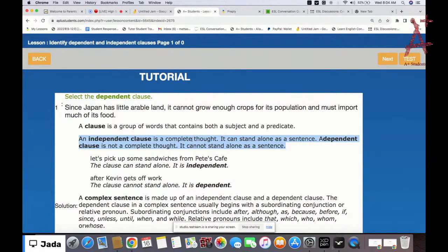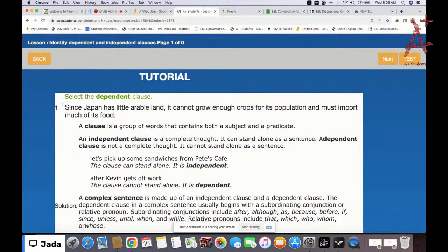Okay, so we have some examples. Let's pick up some sandwiches from Pet's Cafe. The clause can stand alone, it is independent. When you say let's pick up some sandwiches from Pet's Cafe, it makes sense because it's an independent clause and forms a complete thought, so it stands alone and it's good.